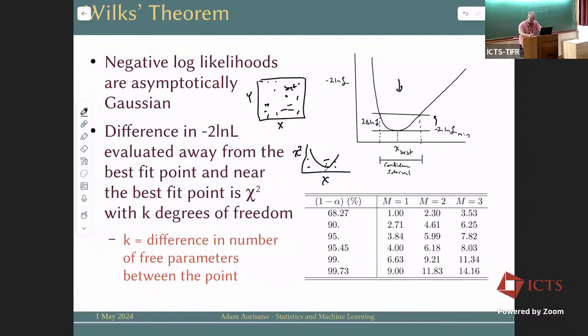This difference is what we use to set the interval, and the size of the difference that you go up is a critical value, though colloquially people call it the up value, because it's how far you go up from the minimum. Because this is chi-squared distributed, at least asymptotically, the way you get these numbers is essentially just by taking the tail integral of the chi-squared distribution.